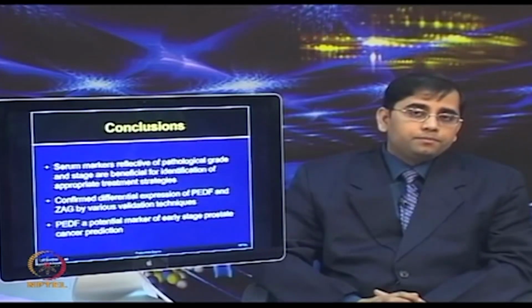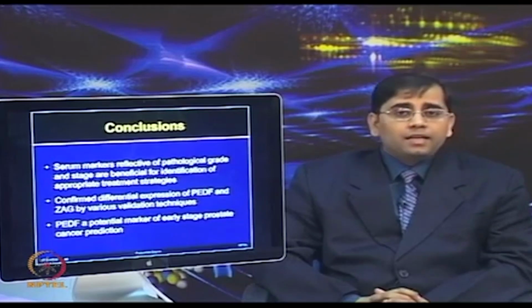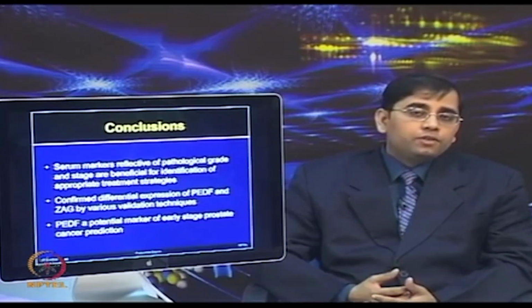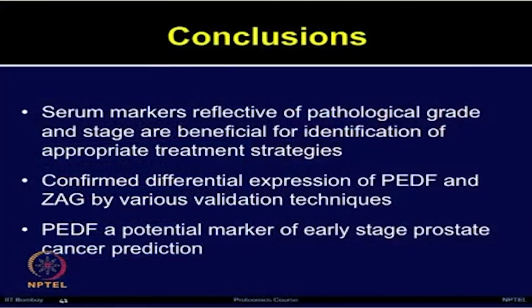From this paper, the major conclusions were that serum markers reflective of pathological grade and stage could be beneficial for the identification of appropriate treatment strategies. Authors confirmed that differential expression of PEDF and ZAG can be assessed using various techniques such as Western blot, ELISA and immunohistochemistry.